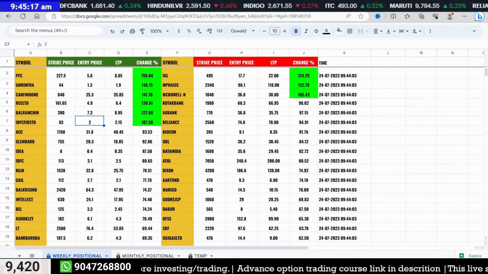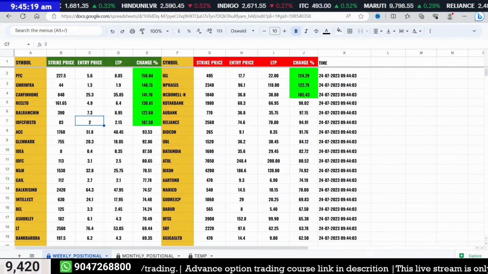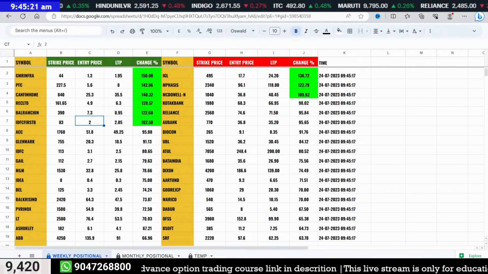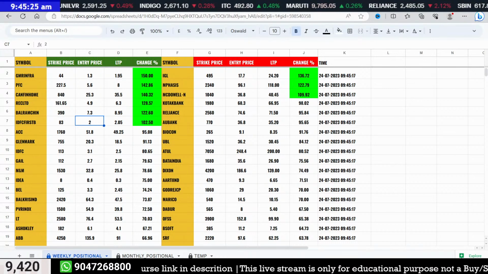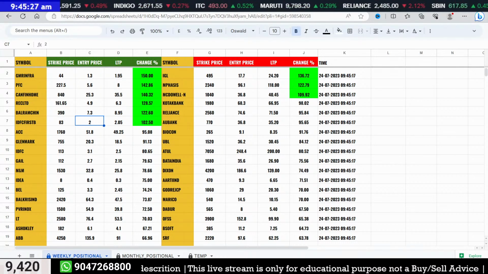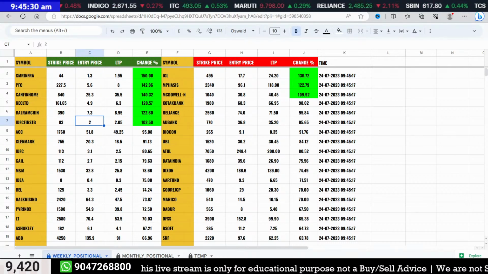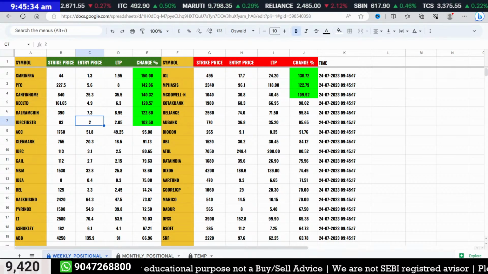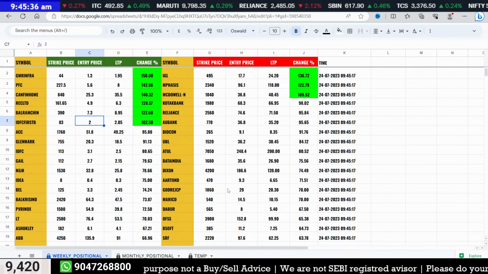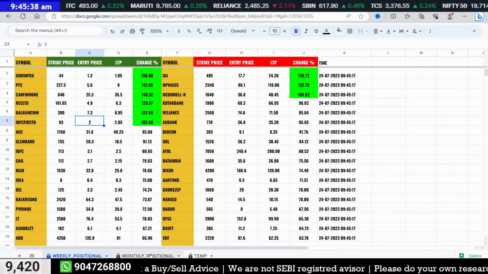GMR Infra also would be in the list, but the lot size is around 22,000 plus. IDFC was 1.13, 3.1 now, 2.5 now, so 3.1 should be our breakout. Landmark, GAIL. So these are all the stocks which came into the scanner.